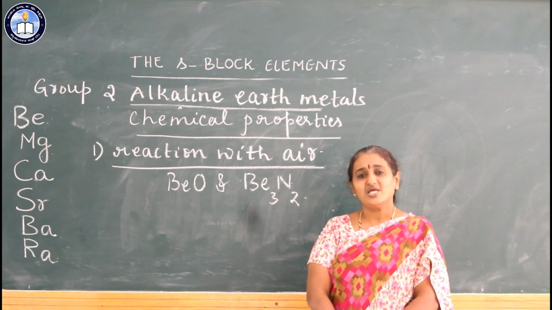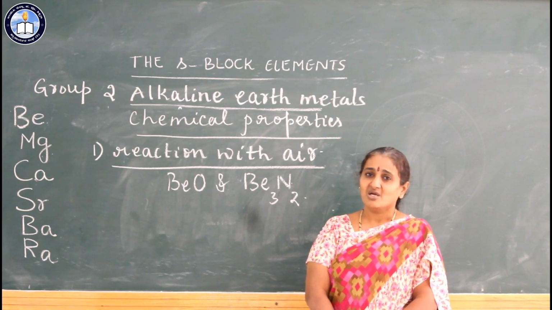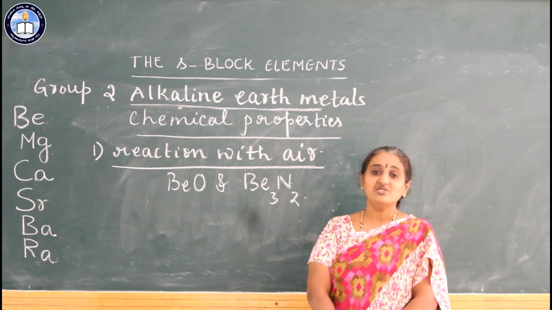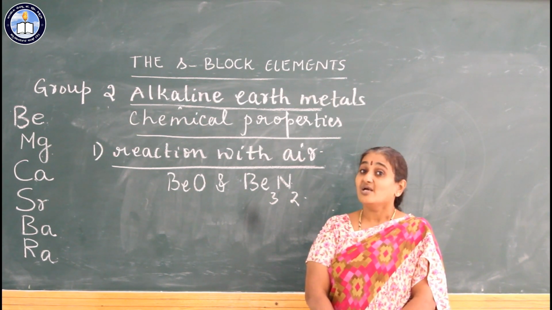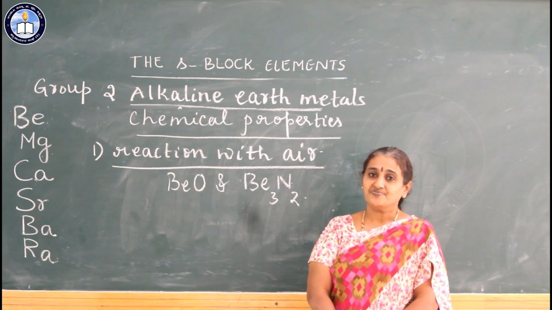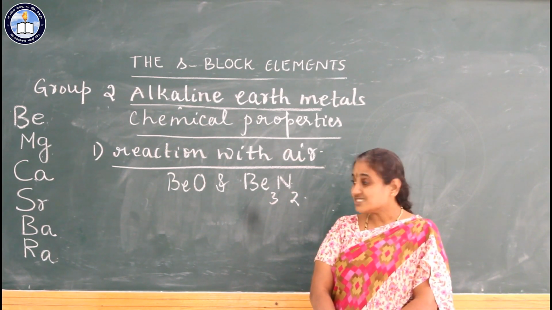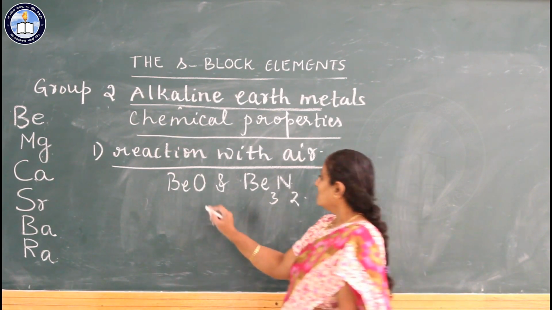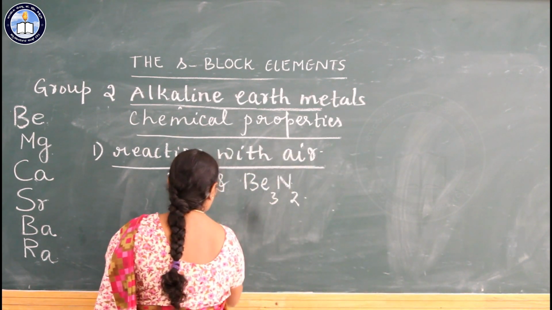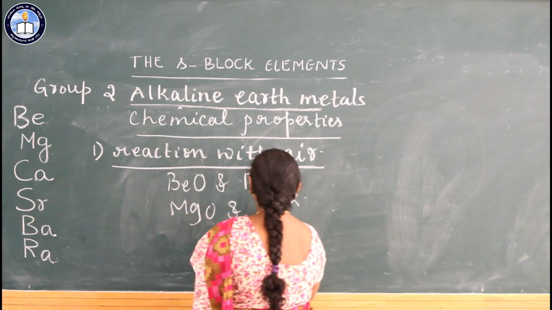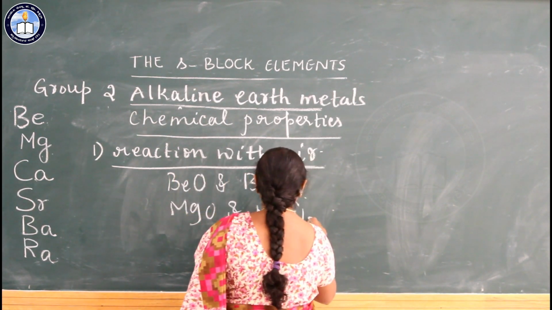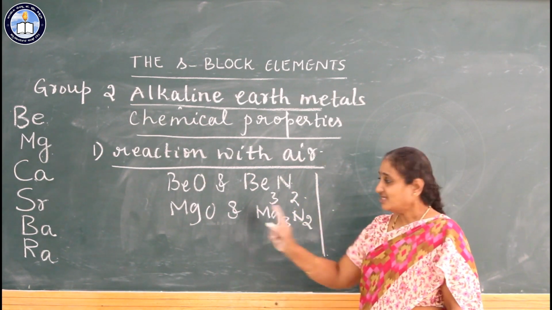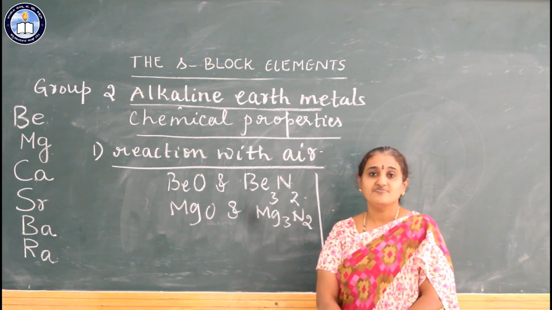Magnesium is more electropositive in nature. When it is subjected to oxygen, it burns with a dazzling brilliance and forms the respective oxide and nitride, that is MgO and Mg3N2, magnesium oxide and magnesium nitride.